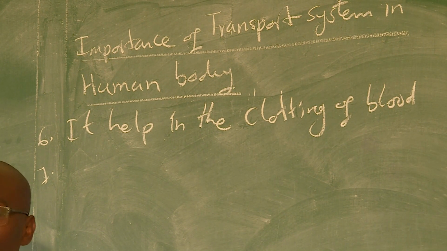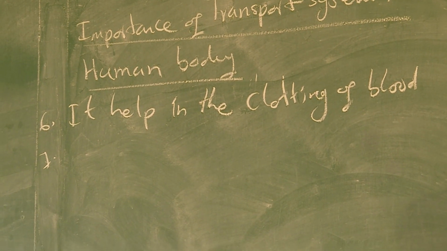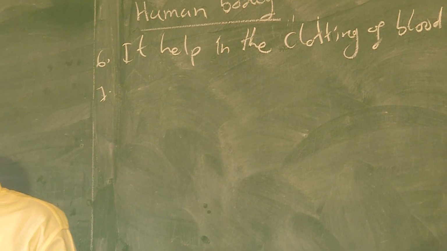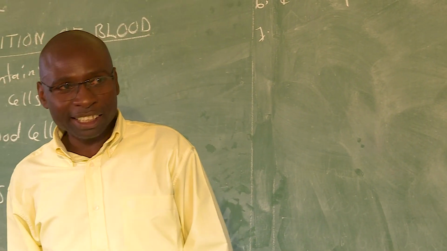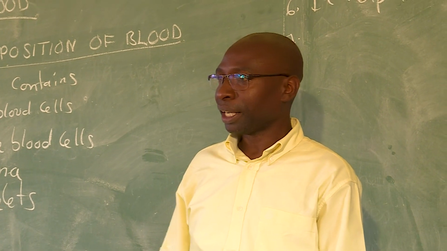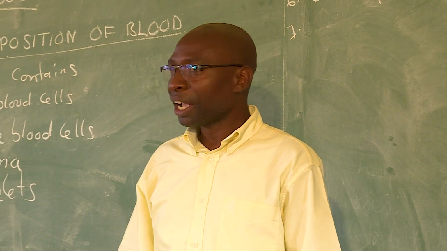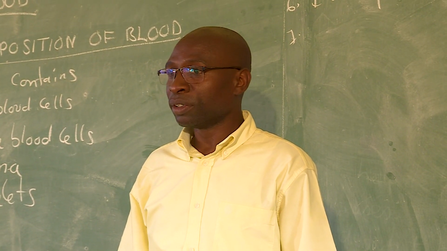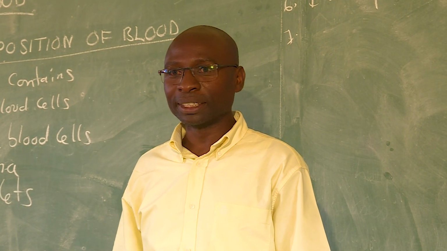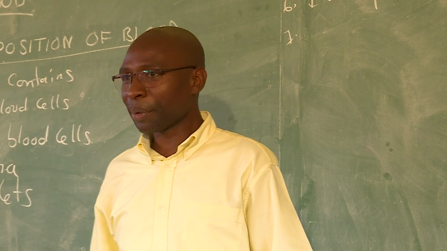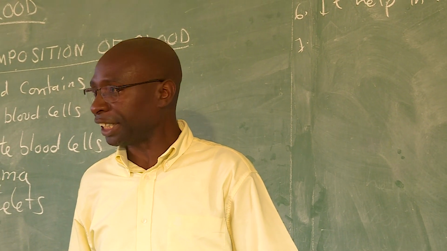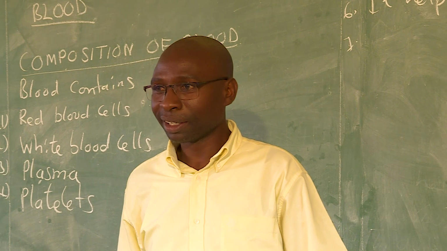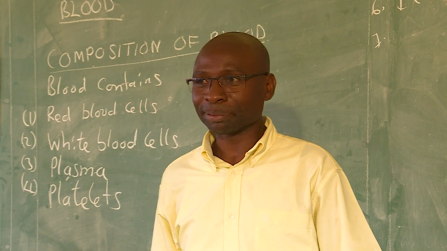For example, we have one example of an endocrine hormone. It's adrenaline. Adrenaline is produced by the body in time of fright or in time of danger. Where we are in this class, if we see a very big snake here, what's going to happen?